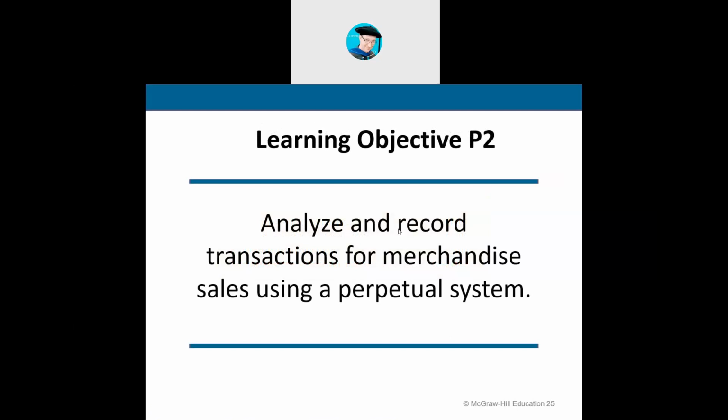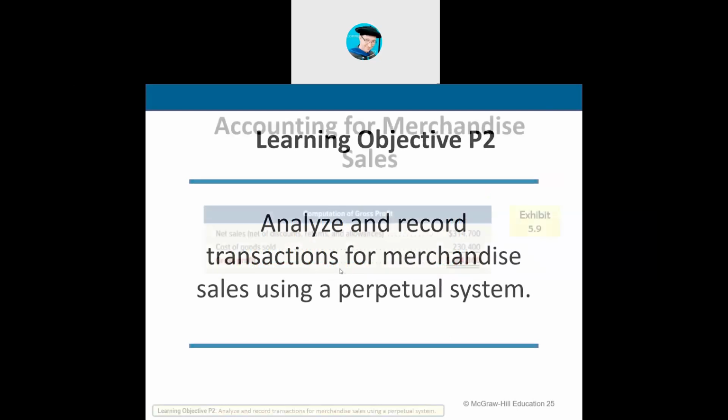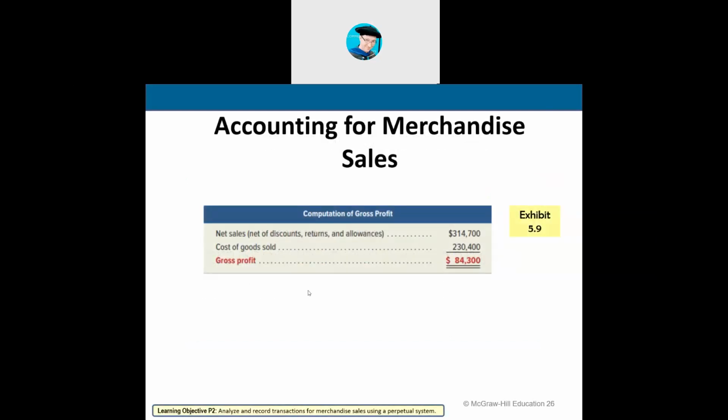Let's analyze and record our transactions for merchandise sales using the perpetual inventory system. Remember, we talked about two types of inventory systems: perpetual, which means continuously updating, and periodic, which means we update it at the end of each accounting period. Under the perpetual inventory system, we recognize our sales on our income statement.